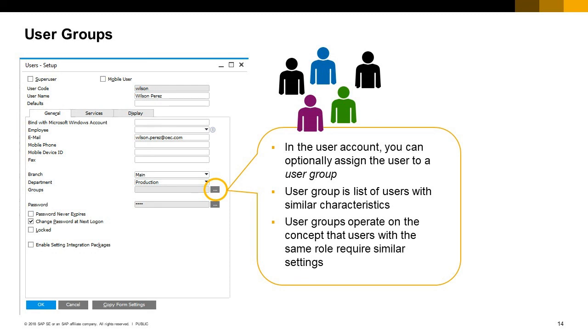User groups operate on the concept that employees in a company can be grouped according to the roles or functions they work with, for example, salespeople, accountants, and managers. Generally, users with the same role require similar general authorizations, alert notifications, form settings, and UI look and feel settings.